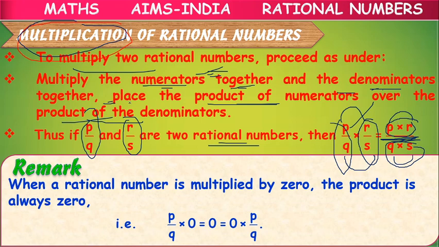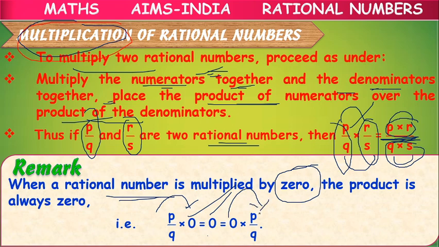But one exceptional case is there. If you are multiplying a rational number with 0, there is no need to follow any steps or any condition, because directly the value will become 0. If you multiply a rational number with 0, or if 0 is multiplied with any other rational number, the result will always be equal to 0.